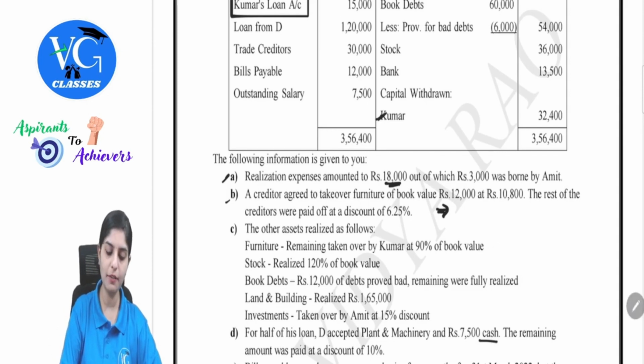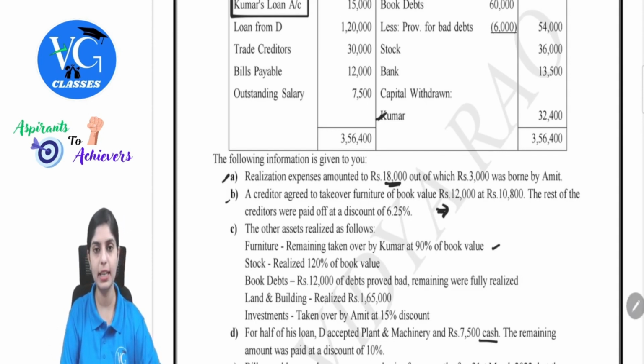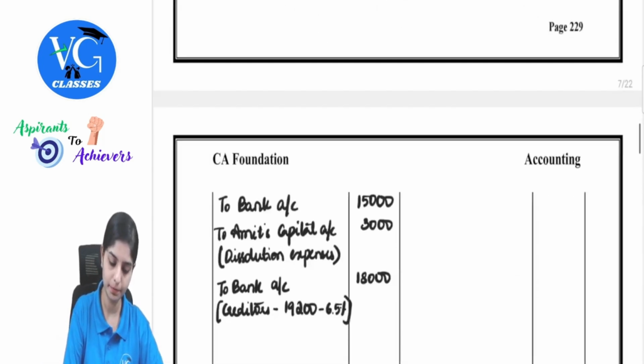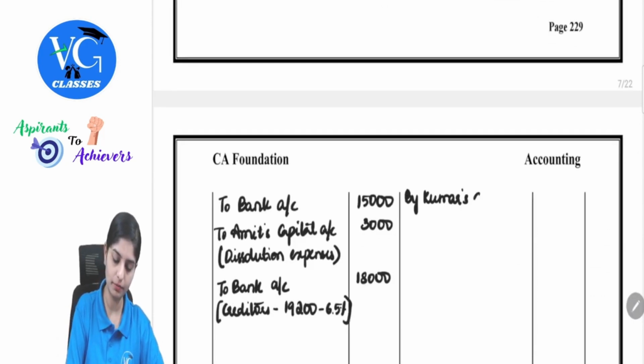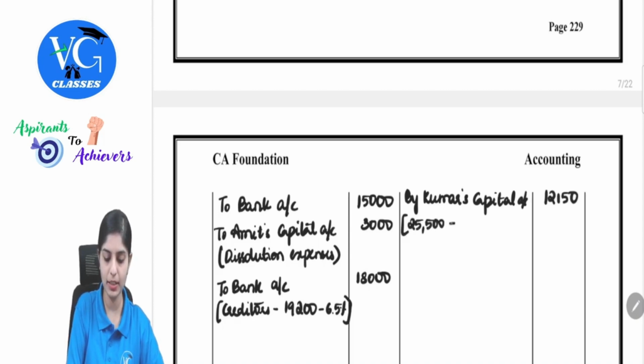So what will be the entry for this? Kumar is taking away the asset. So if you are selling the asset, you would have debited bank. Since a partner is taking, so partner's capital account to realization. So by Kumar's capital account, this will be at 12,150. How did we get this? 25,500 minus 12,000 into 90%.